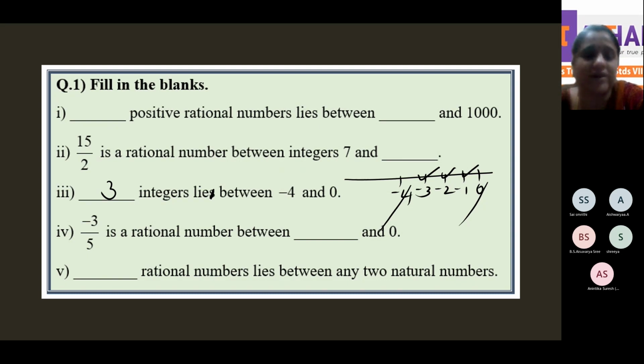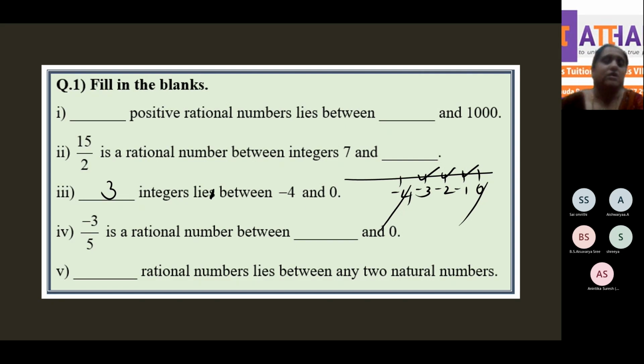Children, -3/5 is a rational number between -1 and 0. Or you can say between -4/5 and 0 also. So you can give different answers: -2 and 0, you can say, or -10 and 0. See, it's between that, right?